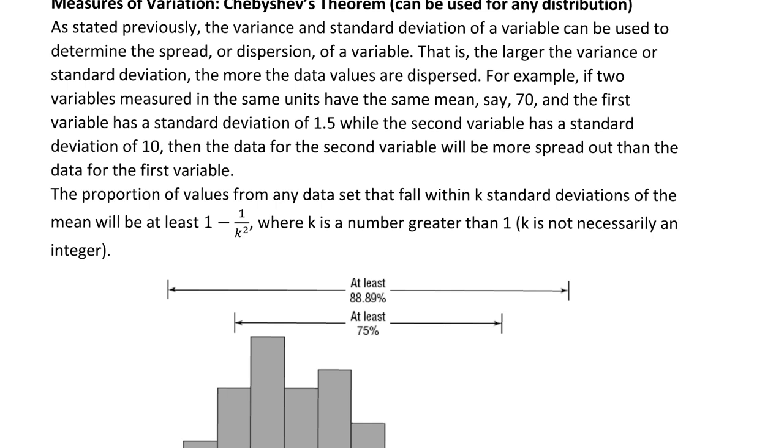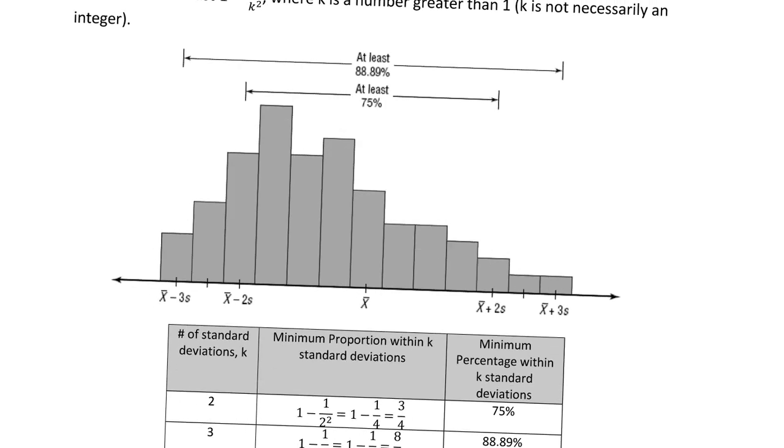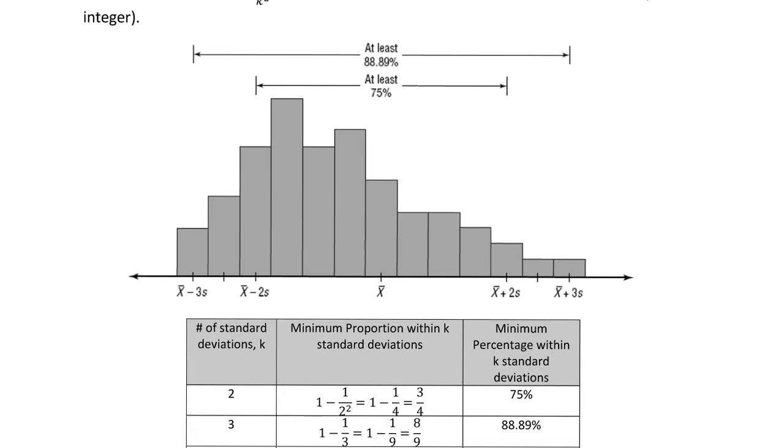The proportion of values from any data set that fall within k standard deviations of the mean will be at least 1 minus 1 over k squared, where k is a number greater than 1. K is not necessarily an integer. Okay, so here is what this looks like. So Chebyshev's theorem, I'm just going to put Cheb for short, is equal to 1 minus 1 over k squared.